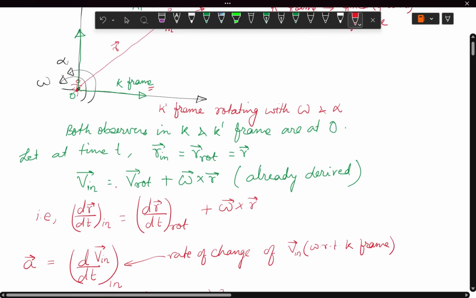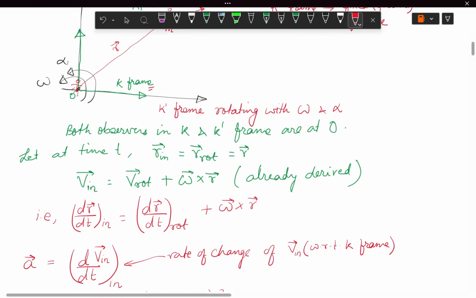Now we have already derived that if the frame is rotating with angular velocity omega, there is a relation between the velocity in the inertial frame and the velocity in the rotating frame. So V_rot is the velocity of the particle in the rotating frame, right?